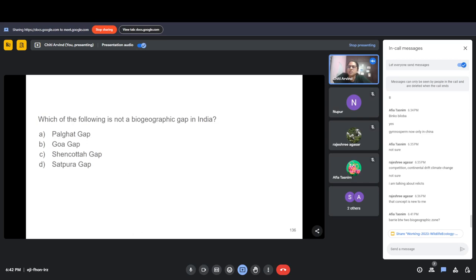So if I take any species into consideration, what do you think is a biogeographic barrier? Okay, a biogeographic barrier is a push factor which does not allow a particular animal to be there. Could you give me some examples of what could be a possible biogeographic barrier?